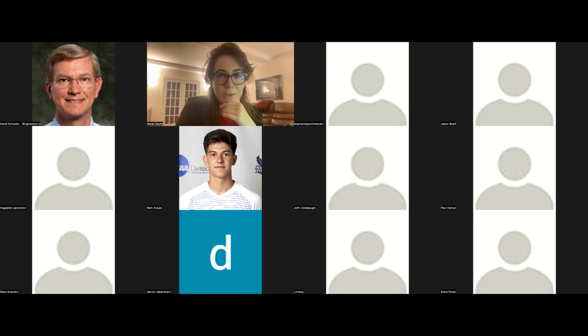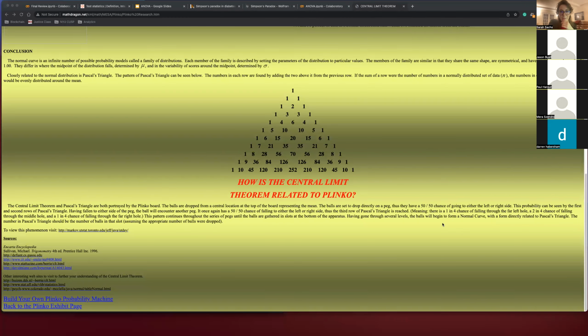Yeah, the central limit theorem is pretty important to a lot of the things that we are doing in a theoretical sense, because it gets back to, is this sample representative of the population? We need a large enough sample size to really know what that distribution looks like.